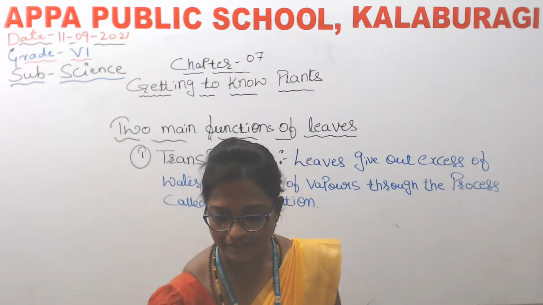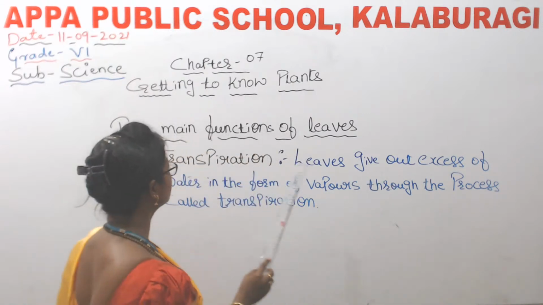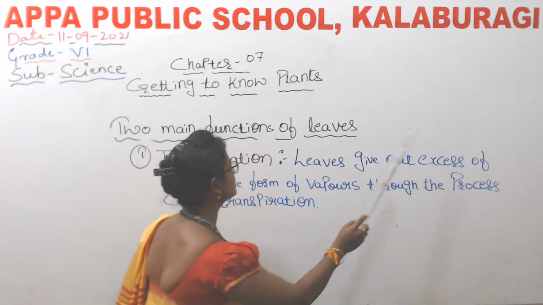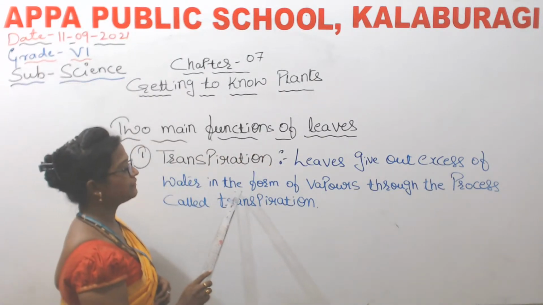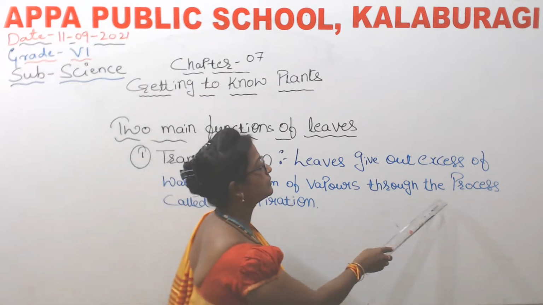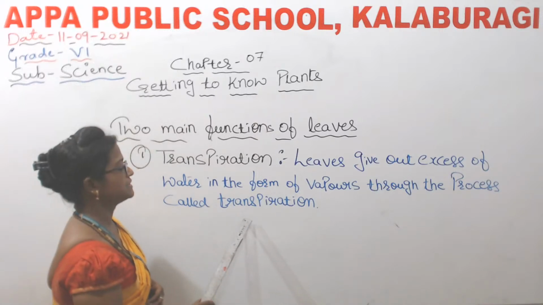Okay, so now children, what do you mean by transpiration here? Leaves give out excess of water in the form of vapors through the process called transpiration.